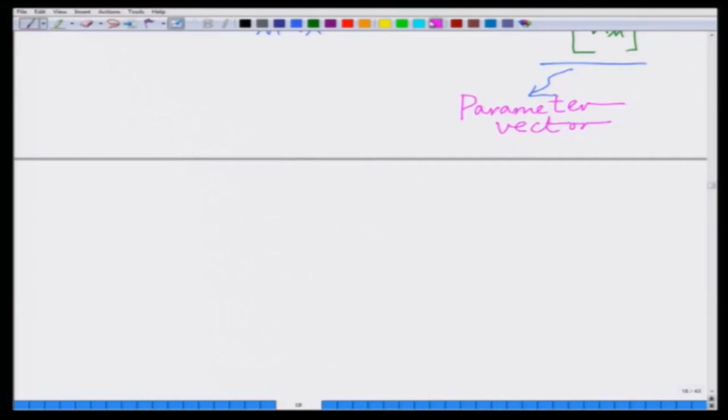Now, we can concatenate all these and write the composite system model as follows. Consider now n pilot symbols.